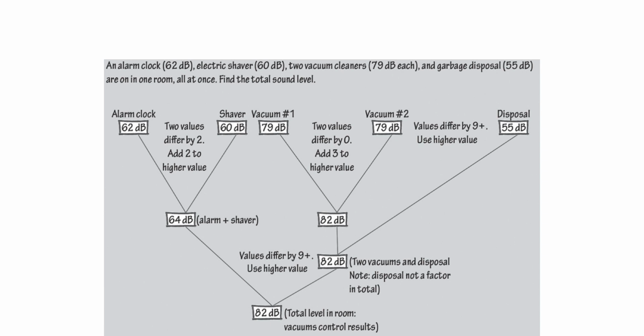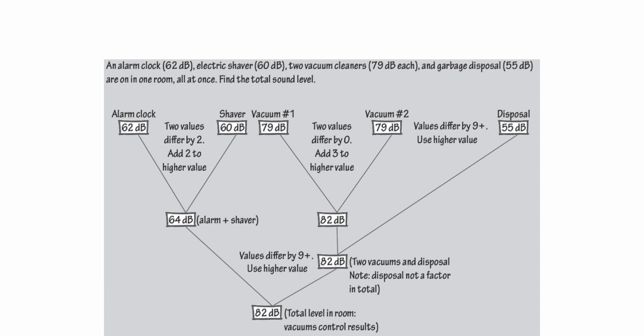Since they are two similar sound level sources, you have to add 3 more decibels, and the resultant will be 82 decibels. And you compare it with the other sound sources. So here if you compare with the alarm clock and the shaver sound source, there is a difference of 6 decibels.